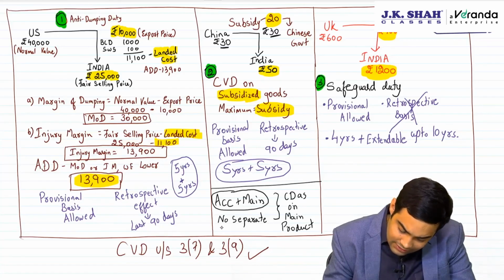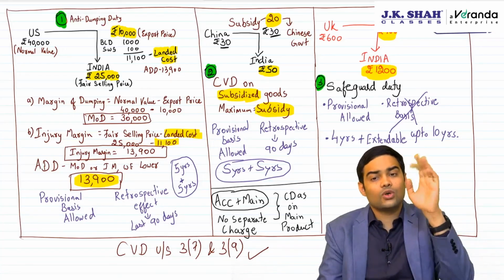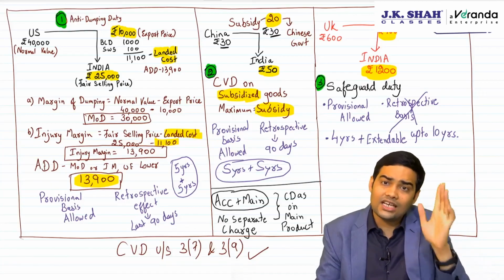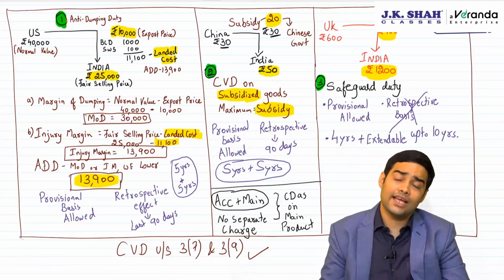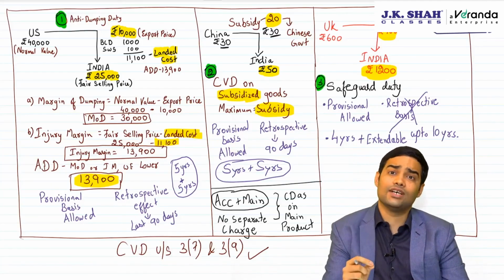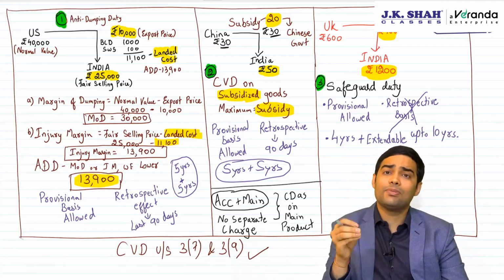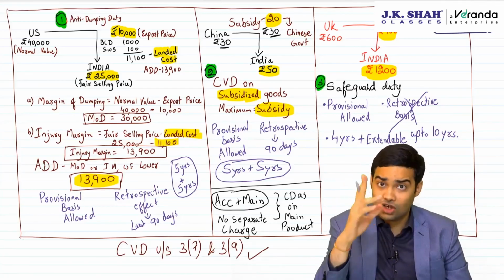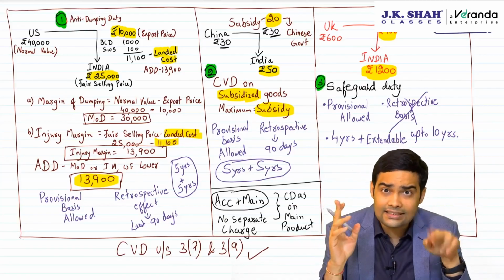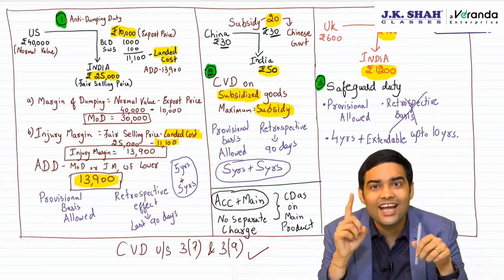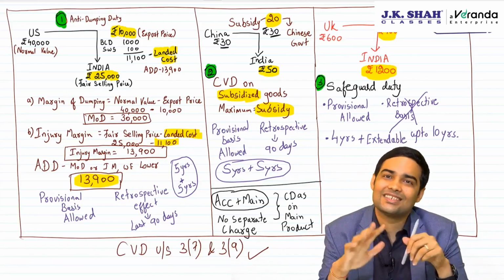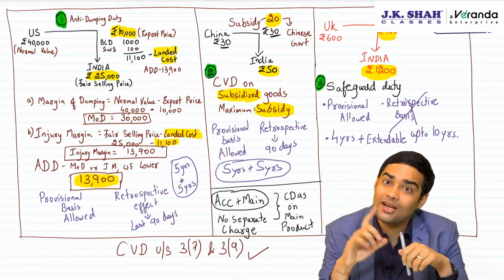Suppose there is a separate charge for the accessory. Even if it is coming together, if there is a separate charge for that particular accessory, then accessory will suffer the custom duty rate applicable on such accessory. That also means that accessory assessable value has to be computed separately and main product's assessable value has to be computed separately.